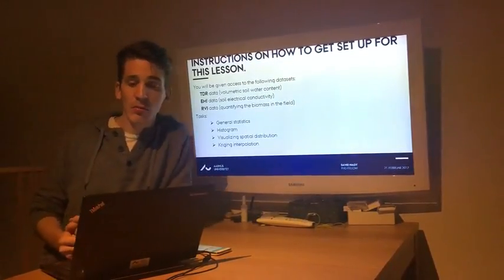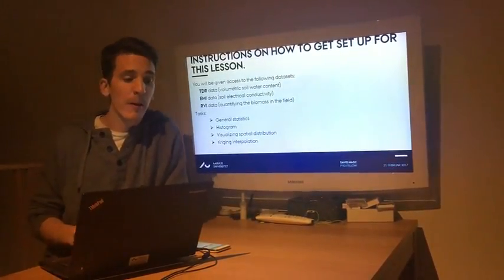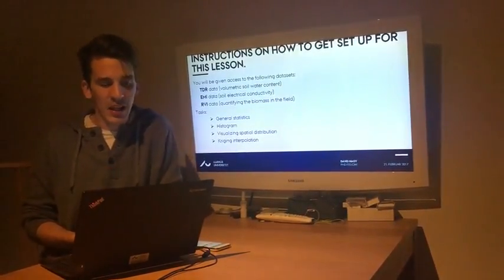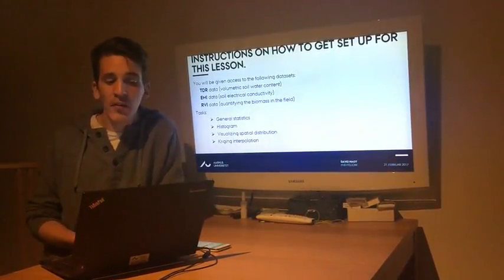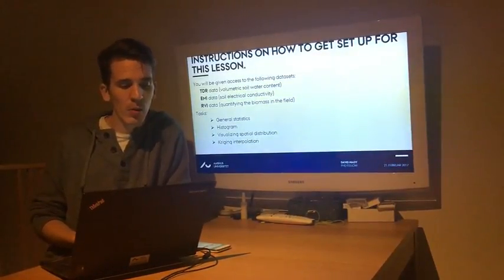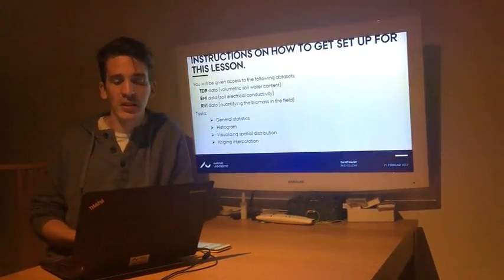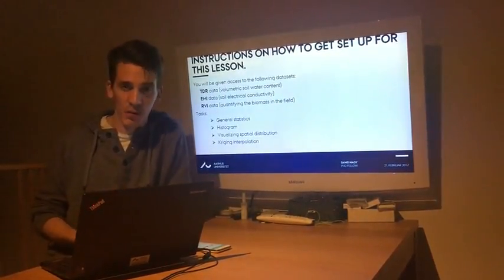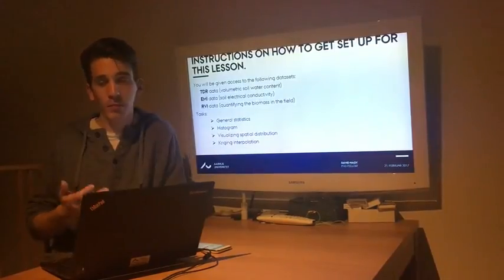The instructions for how to get set up for this lesson: you'll be given your TDR data, your EMI data sets, and RVI data sets which were measured before in your course. You have to provide the general statistics to understand what kind of distribution you have within your data set, for example a histogram.